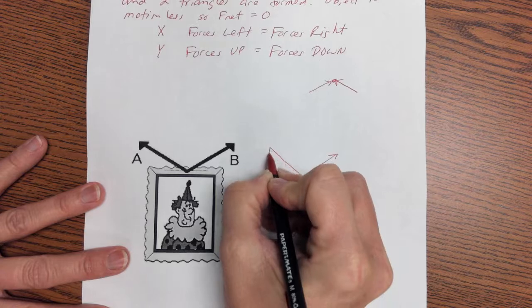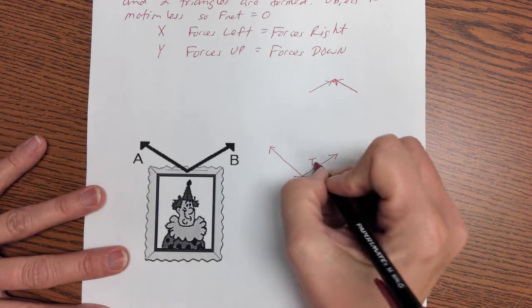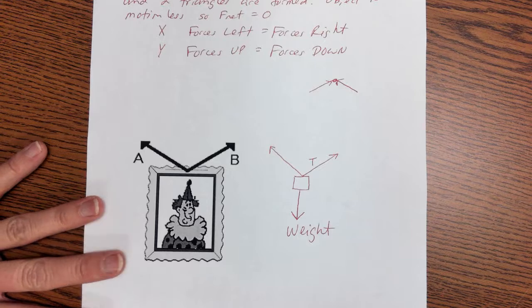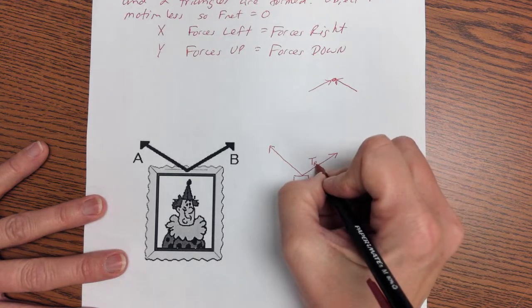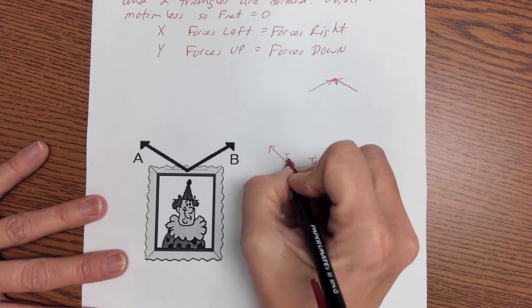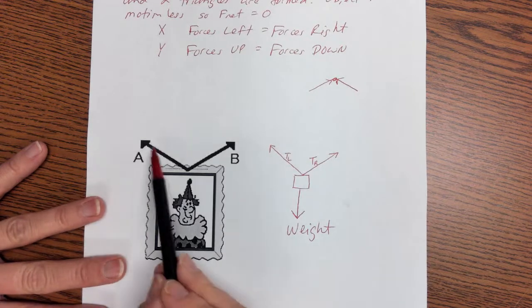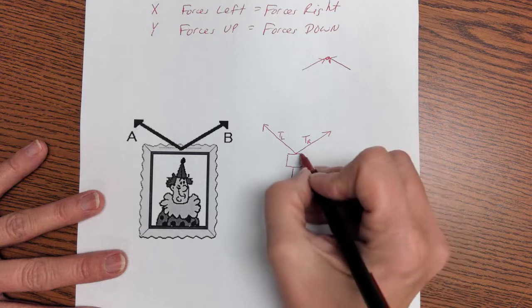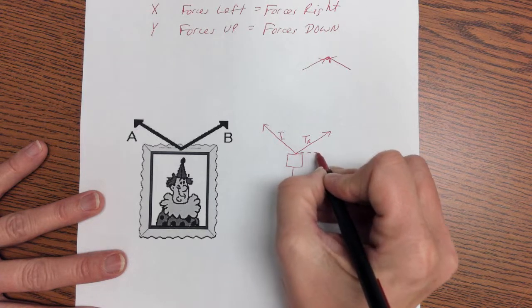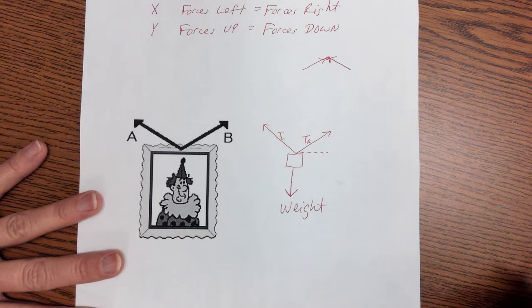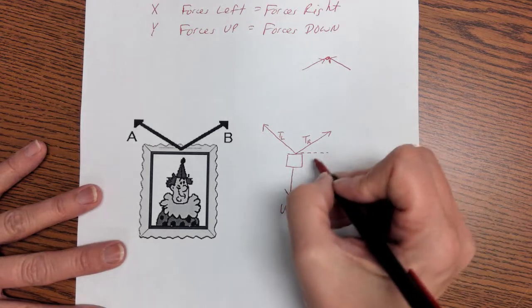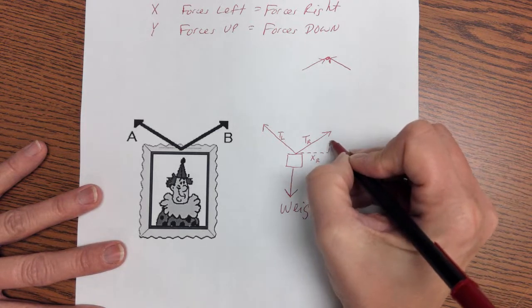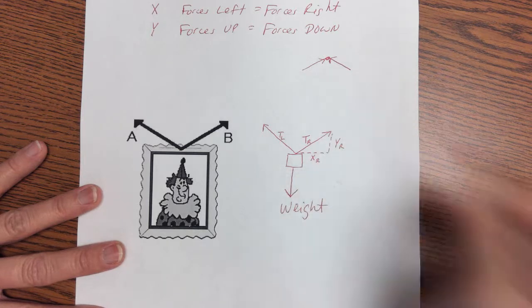These have tension in them. Tension is a force. We're going to have tension on the right-hand side, tension on the left-hand side, or you can use an A or a B like my little clown picture over here. There is an imaginary, if you will, X on the right and an imaginary Y on the right.